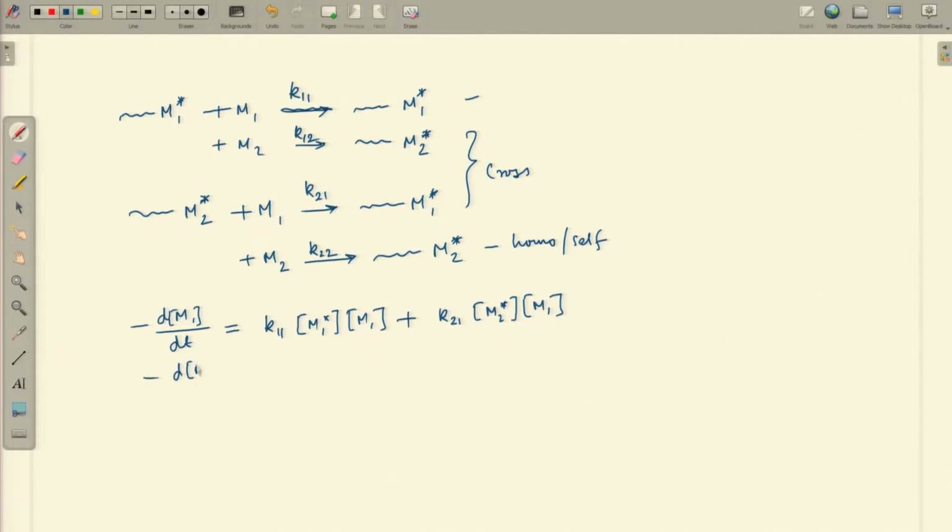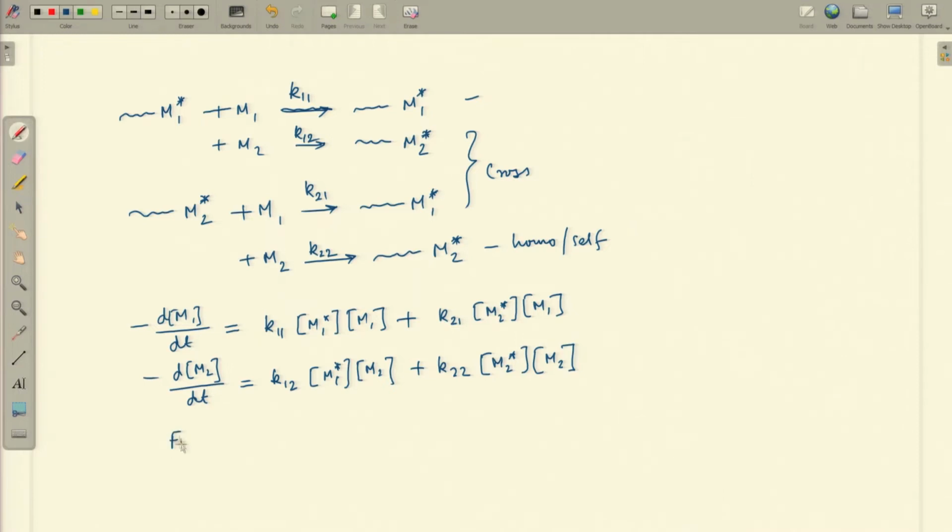Similarly, I can write for M2, K12 M1 star M2 plus K22 M2 star M2. This is the rate of disappearance of M1 and this is the rate of disappearance of M2. Now, disappearance of monomer means it is getting into the polymer chain.